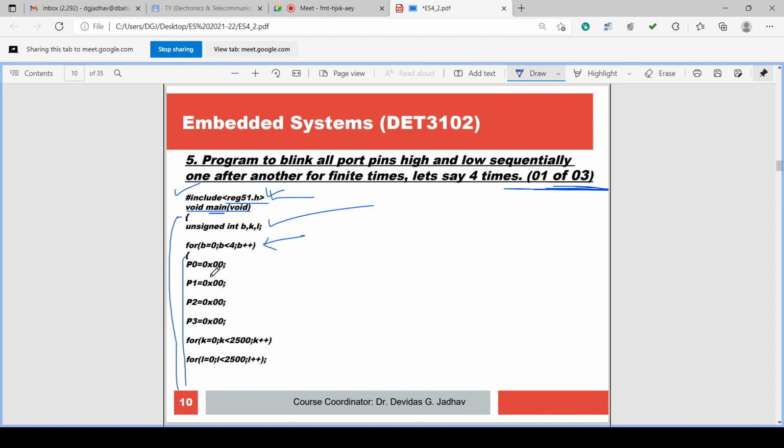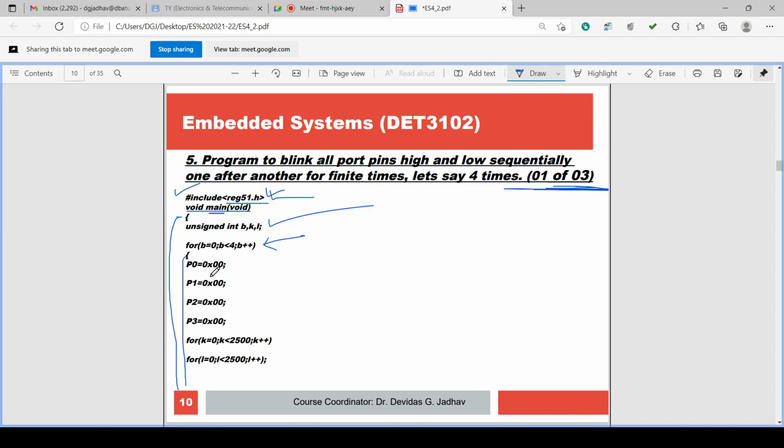B equal to 0, it will execute. B equal to 1, it will execute. B less than 4, right? B equal to 1 is less than 4, condition checking is true. B equal to 2, again b less than 4, condition is true. So it will execute. B equal to 3, again b is less than 4, it will execute. But b equal to 4, it will not execute.